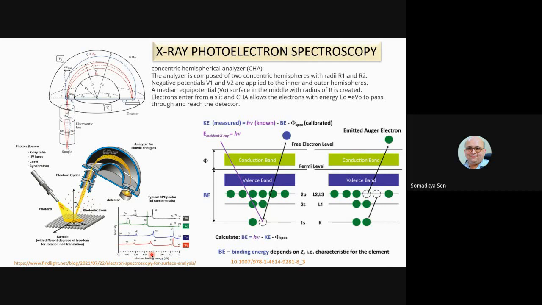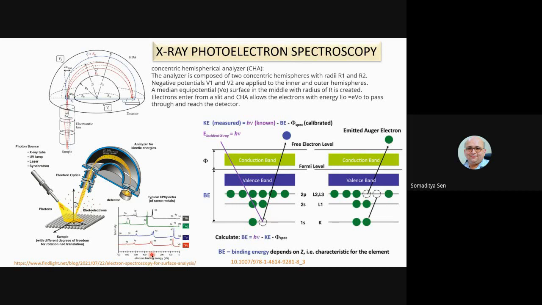So X-ray photoelectron spectroscopy comes in very handy here. It has some excitation. It can be an X-ray tube producing X-rays, a synchrotron source producing X-rays, or any other light which is capable of ejecting photoelectrons from the surface.